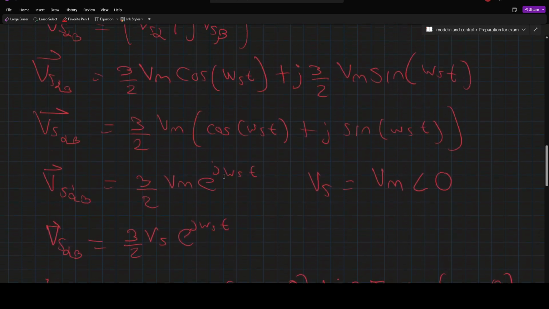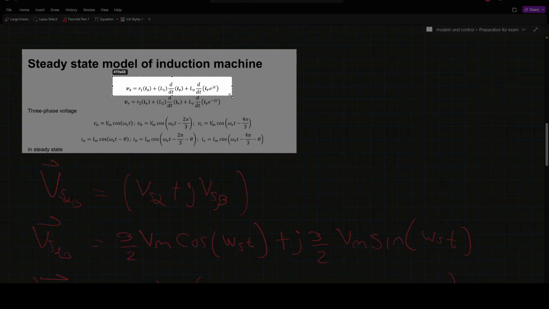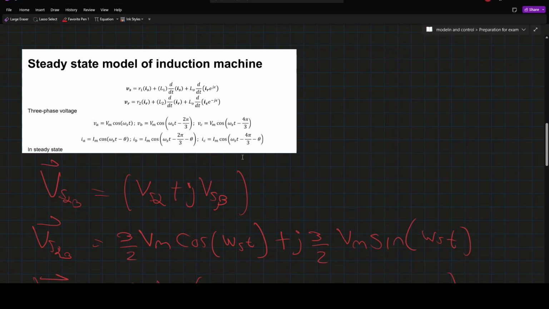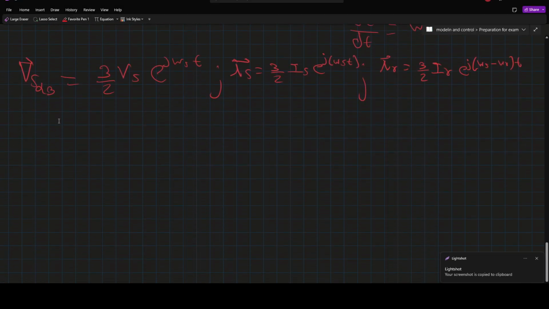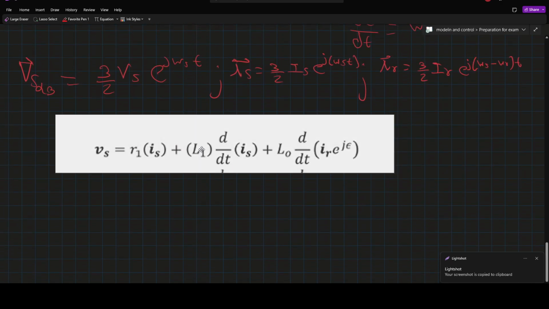So we can go back to our original equation and plug in the values.